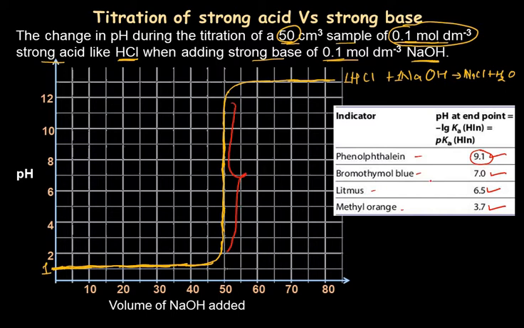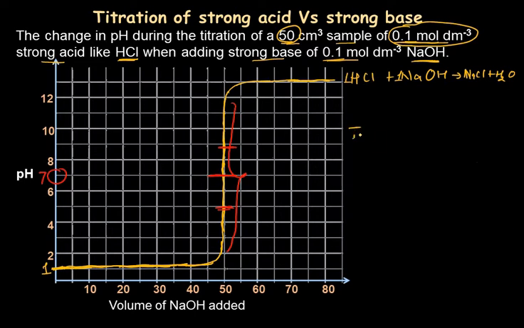So we can choose any indicator, but as we can see, the middle point of the vertical line of the equivalence point is approximately at 7. So it is advisable to choose either the indicator bromothymol blue or litmus, whose pH color change endpoint lies in this area, that is the middle point of the vertical portion of the curve.